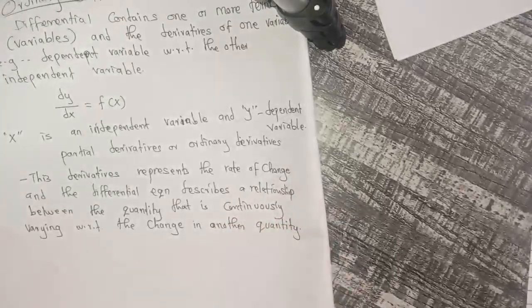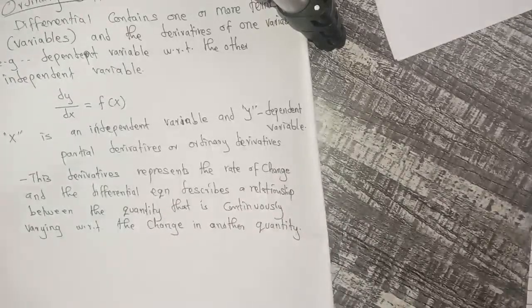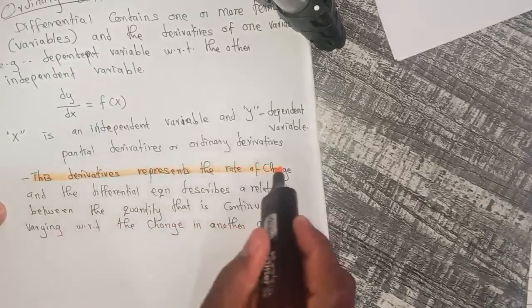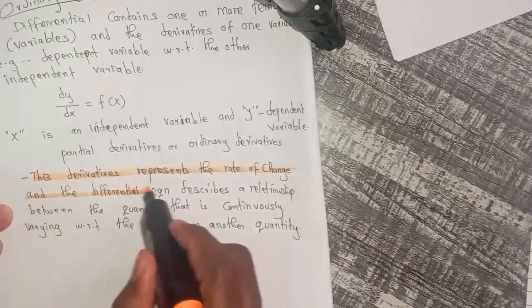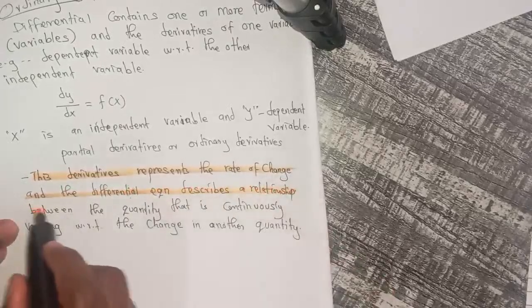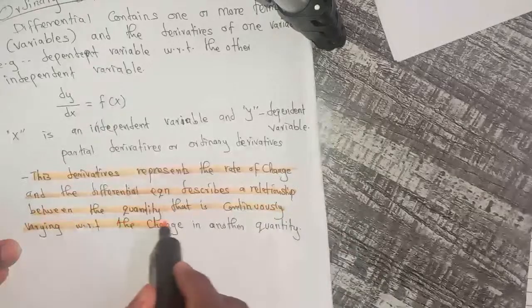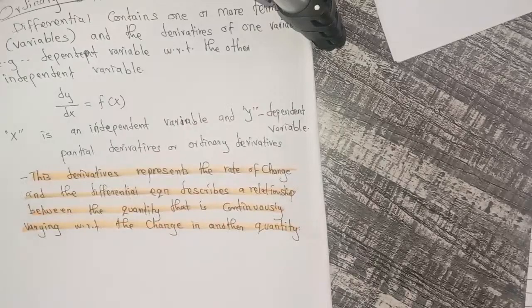So you can simply say that the derivative represents the rate of change, and the differential equation describes the relationship between the quantity that is continuously varying with respect to the change in another quantity. That is very important to note.